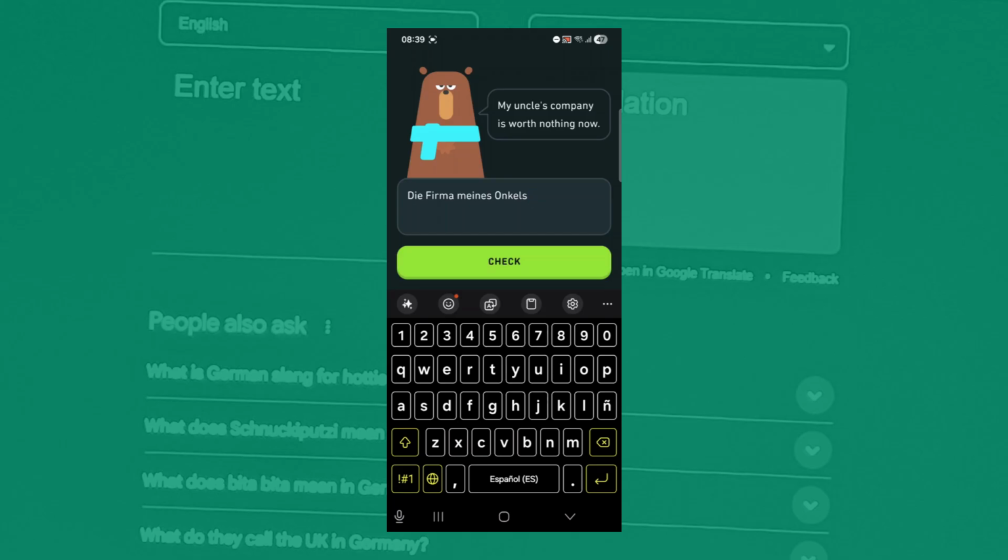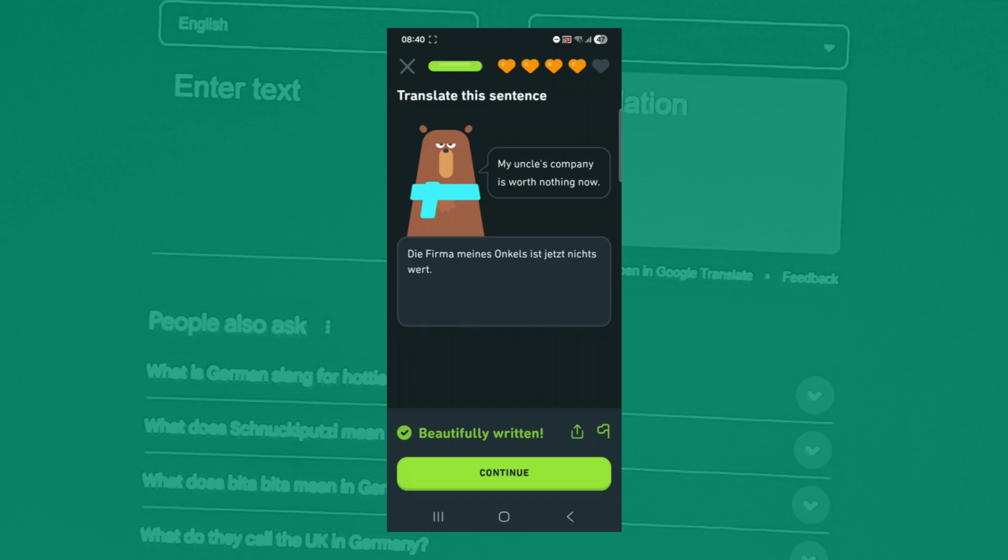I don't know what verb it was that we used with that. Is it nichts or nicht? That's probably wrong. Oh my god, it's right.